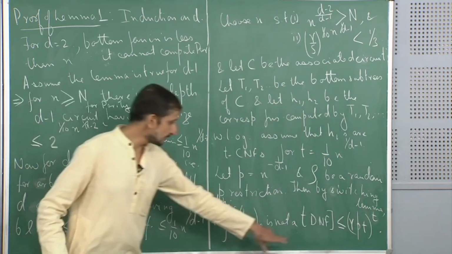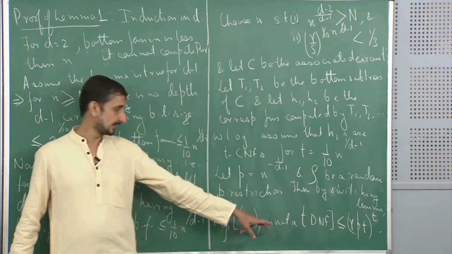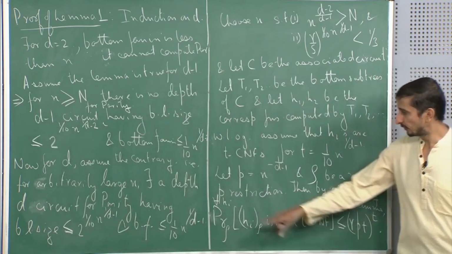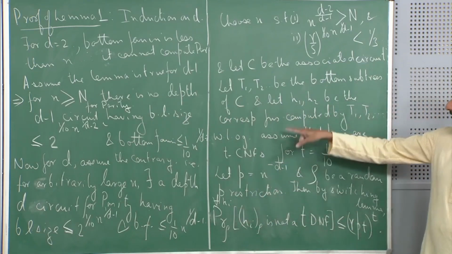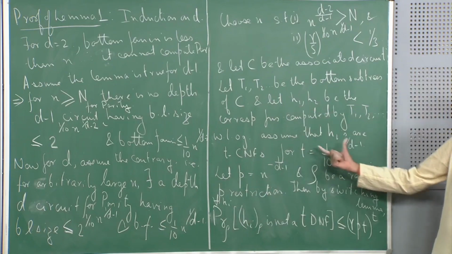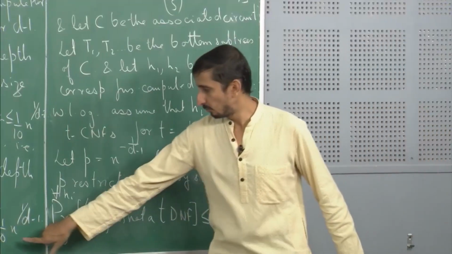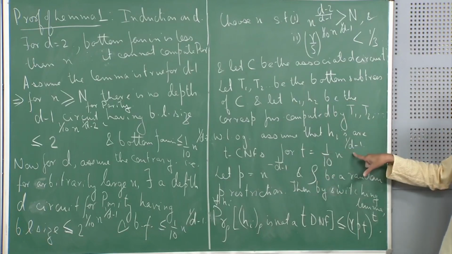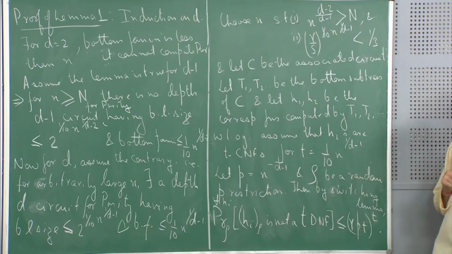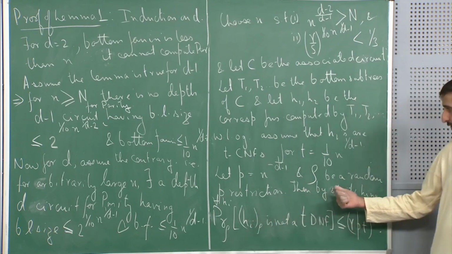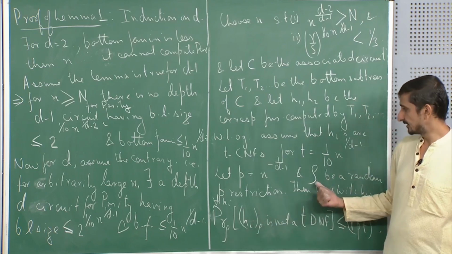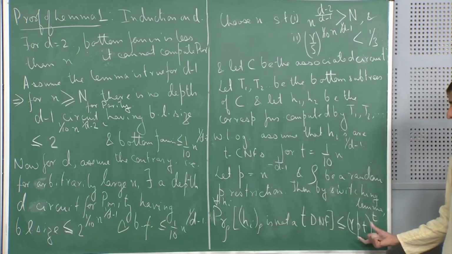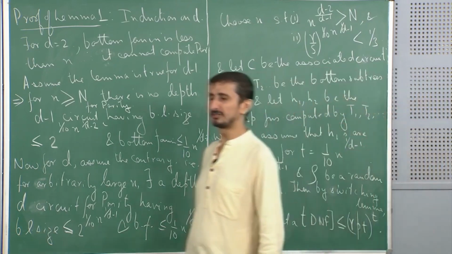I choose my S to be t as well over here, that is why I get gamma p t to the power t, and this is true for each and every hi. Because all the hi's have bottom fan-in that is bounded by 1/10 n to the power 1 over d minus 1, which is my value of t, I can apply this. So, if I apply a random p restriction rho, then with probability at most this, it will not be a T DNF.